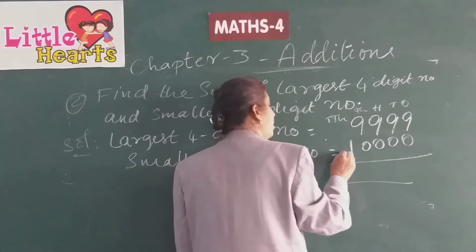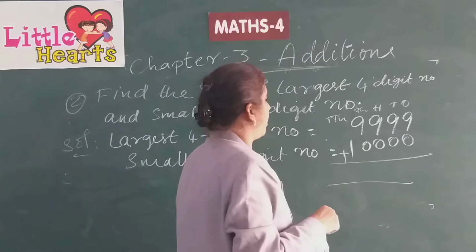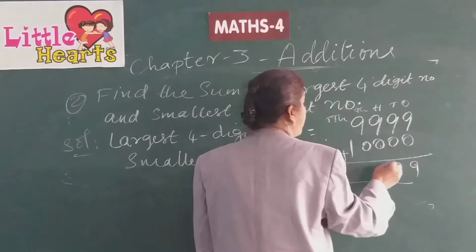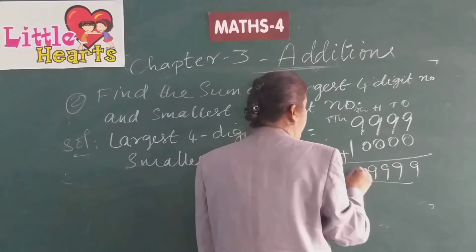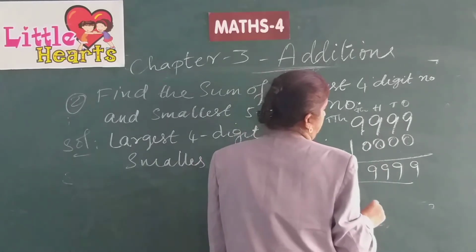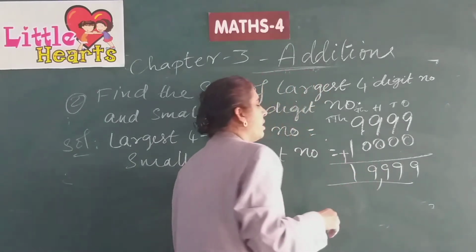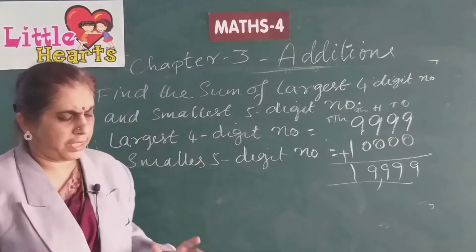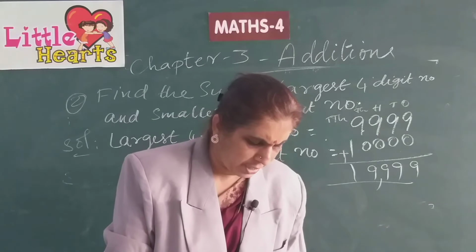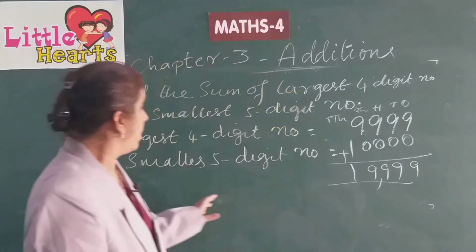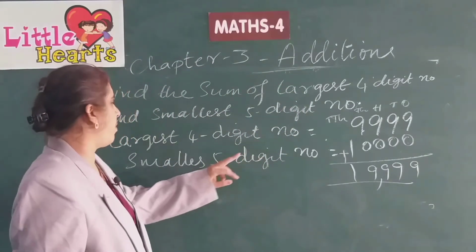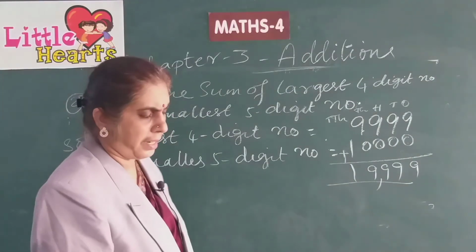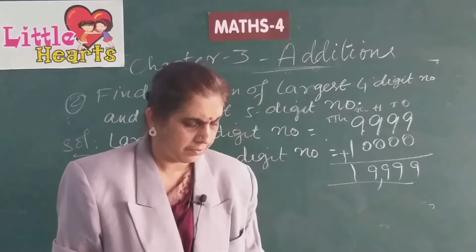Sum means addition. We should add these two now. 9 plus 0, 9. 9 plus 0, 9. 9 plus 0, 9. Bring down 1. 19,999 is the sum of the largest 4-digit number and the smallest 5-digit number. 19,999.